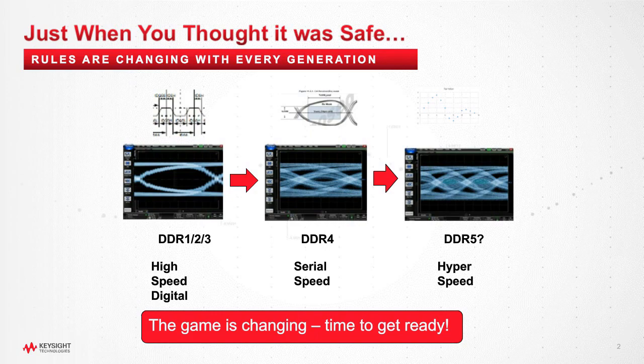This started with the first DDR, for sure, and its big innovation was the source synchronous clocking, which was new to a lot of folks, but is basically the launch of about 15 years of high-speed digital memory interfaces, and that technology worked very well for DDR1, DDR2, and DDR3.